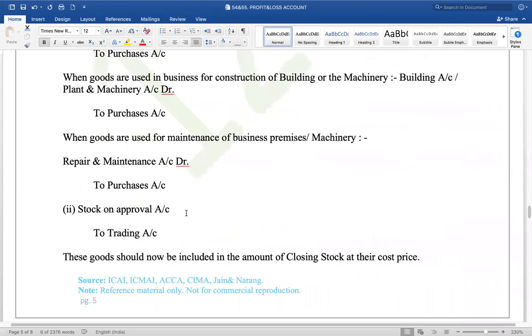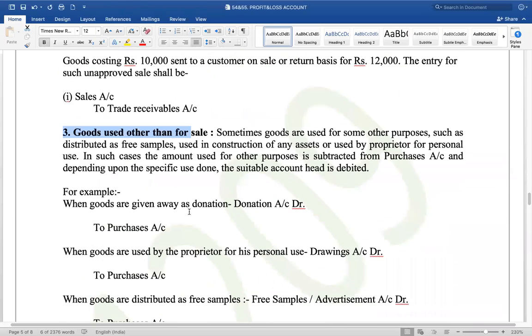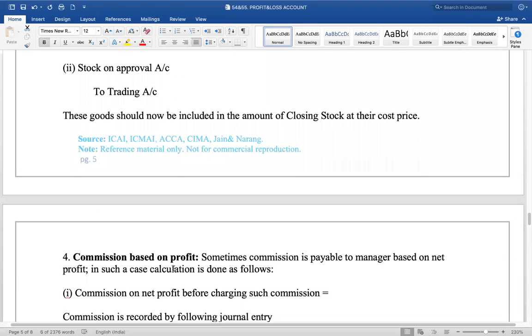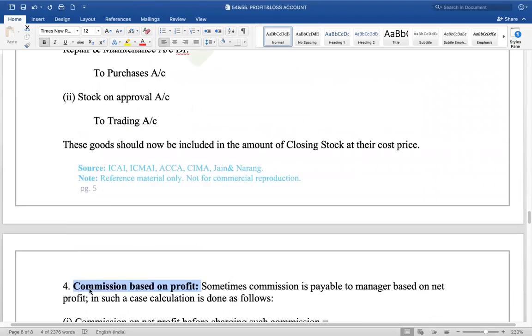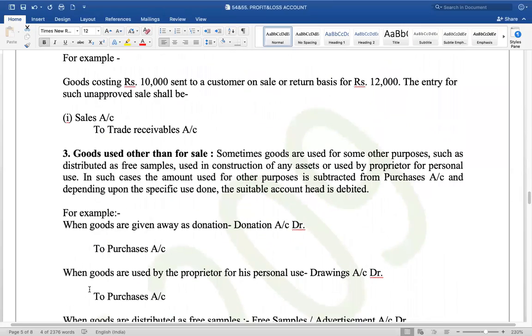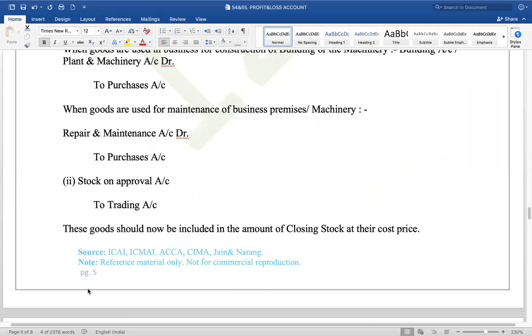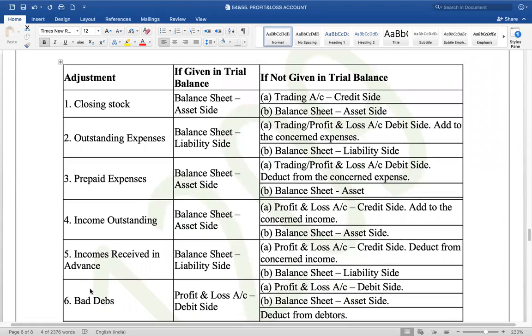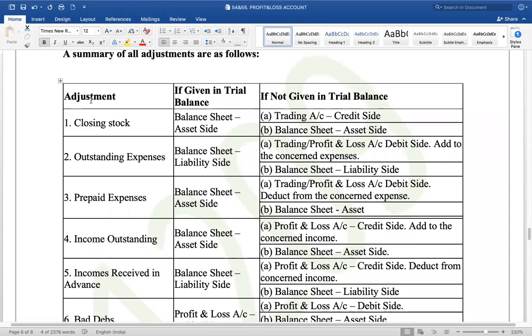Number 3, goods not meant for sale. Number 4, commission. All these are adjustments. So I will just take you to the summary. Look at this one. Adjustment summary.